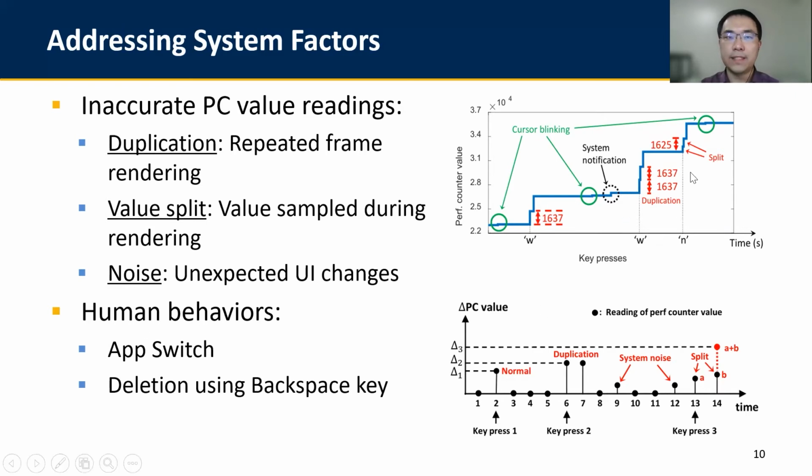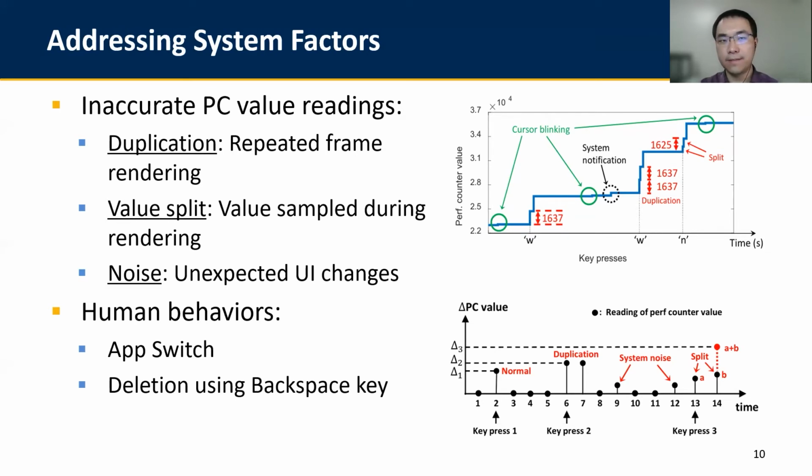When the sampling of PC value happens before the frame rendering finishes, the PC value change may split into 2 consecutive samples, like the third key press in the figures. Many other system noises may also happen randomly due to various system UI changes, such as cursor blinking, system notification, animation, etc.